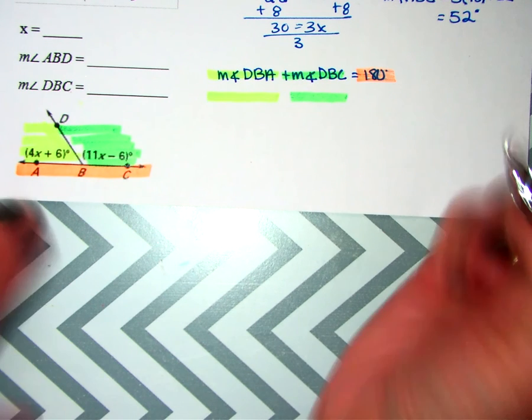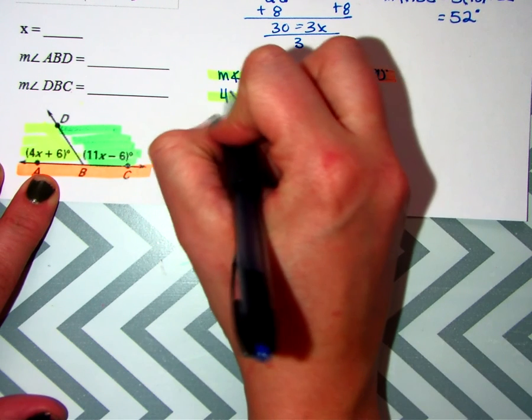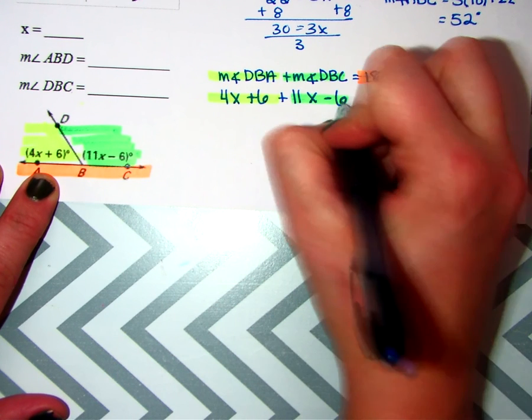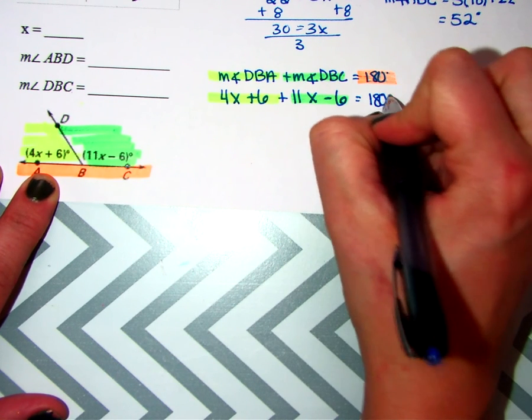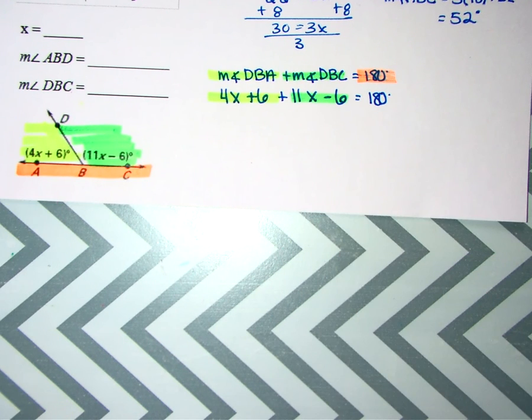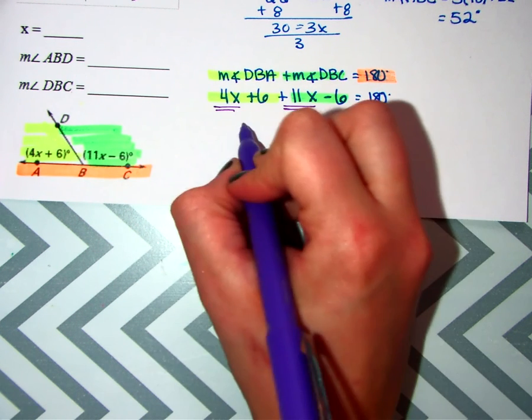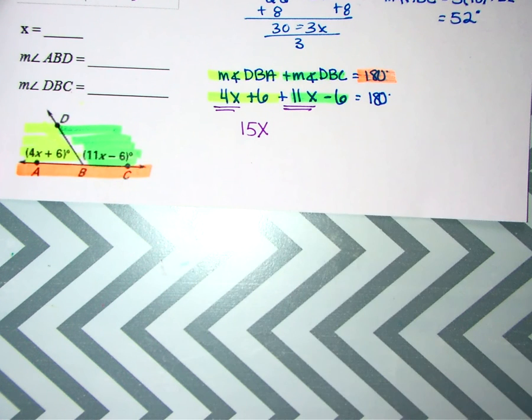So angle DBA is 4x plus 6. We're going to add that to 11x minus 6, and that's still going to equal 180 because it's half of a circle and it forms a straight angle together. Let's combine those like terms. So we've got a 4x and an 11x for a total of 15x.